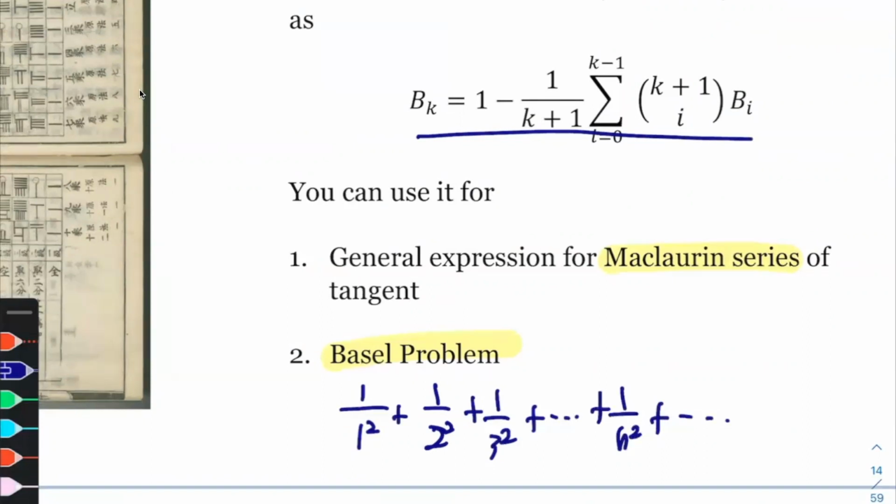Euler proved this to be pi squared over 6, and there are many proofs of it. But working with this exam question from November 2022, and working with the Bernoulli number, you can actually prove this very nicely. Okay, and have you done the Maclaurin series before?